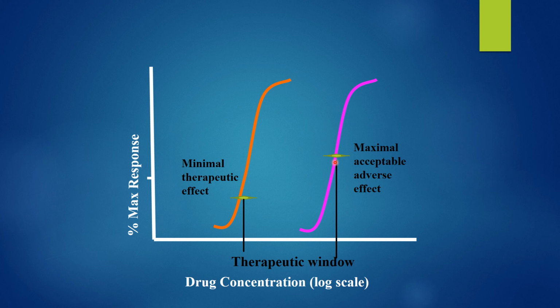An adverse effect is not something acceptable, but for a mathematical purpose we consider that area as the maximum acceptable adverse effect, and consider it as 50%, or LD50. Okay. This area is considered as the therapeutic window. So, therapeutic index and therapeutic window are different. I have to make it clear that both are different.